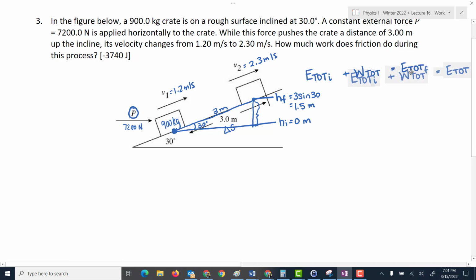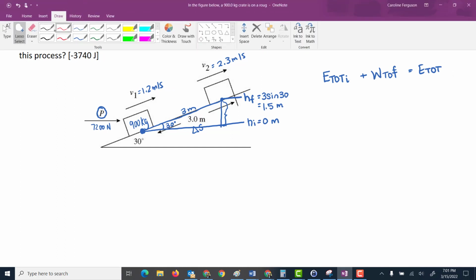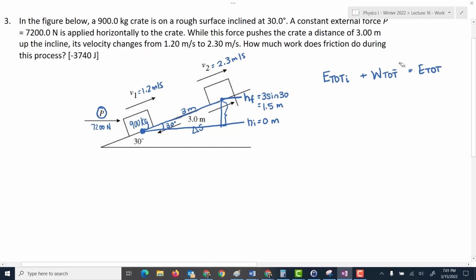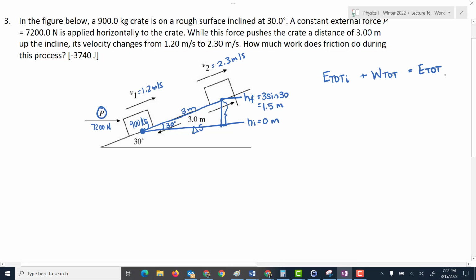Okay. So now we're going to think about what types of other energy we have in the system. So let me just clean this up for a second. All right, so we talked about 3 different types of energy before. We have gravitational potential energy, kinetic energy, and elastic potential. Now in this question, there's no spring at all involved, so I'm not even going to include elastic potential energy.